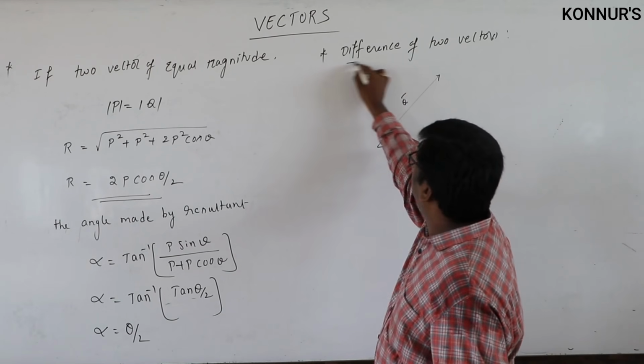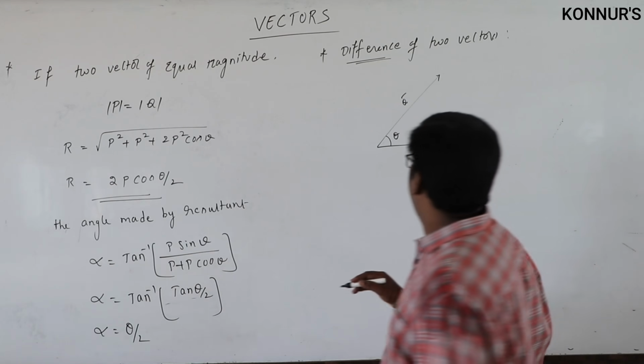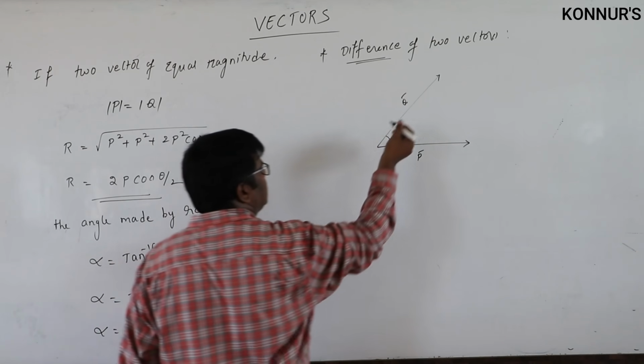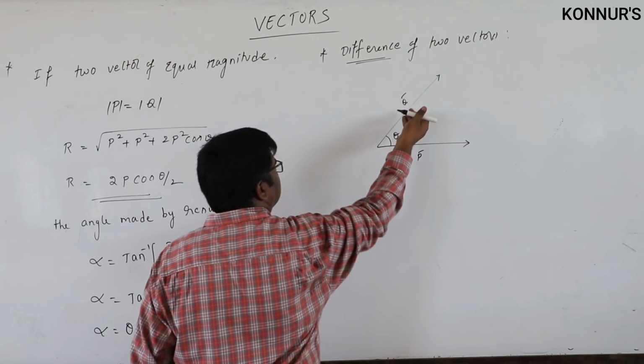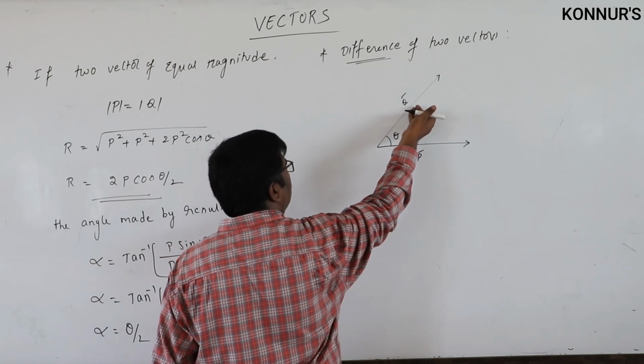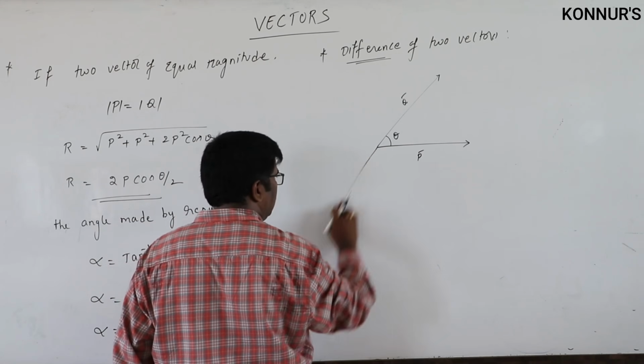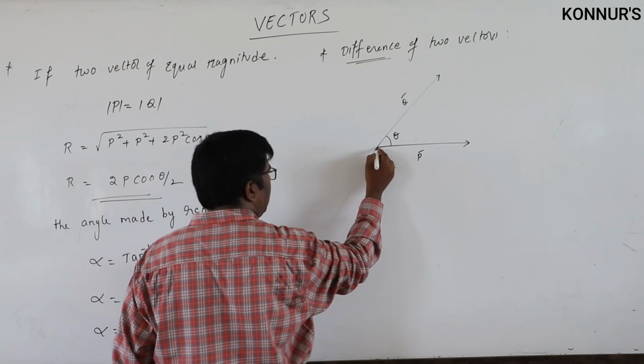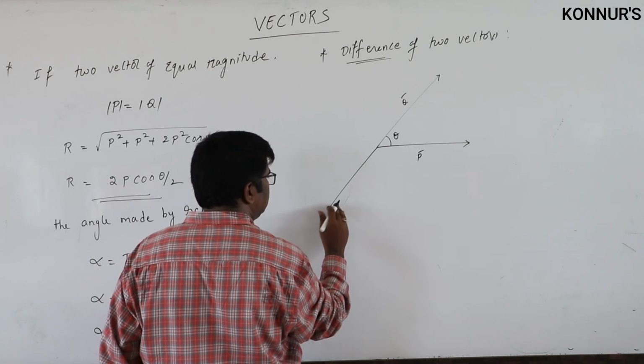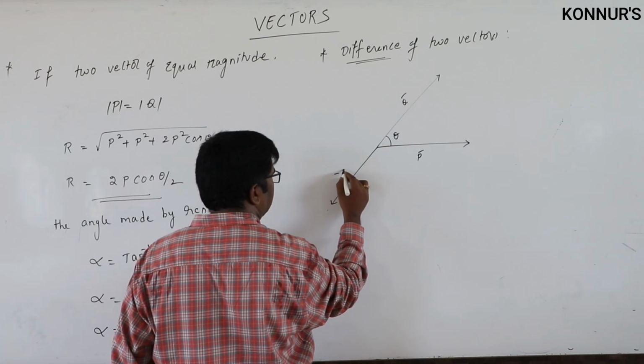But here we want the difference. For that, extend q in the opposite direction, so you take the negative of q bar, which has the same magnitude but opposite direction.